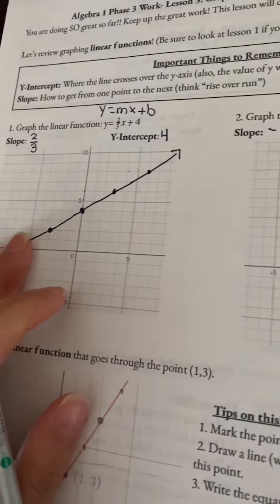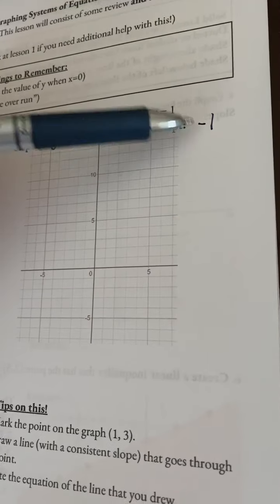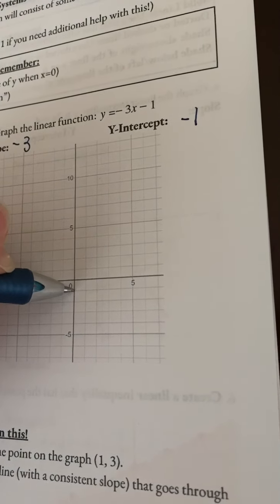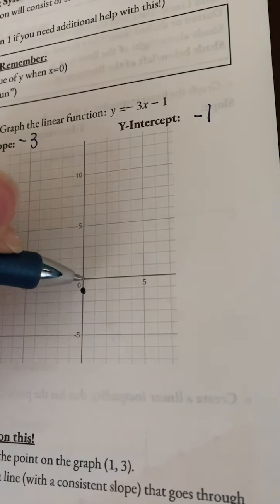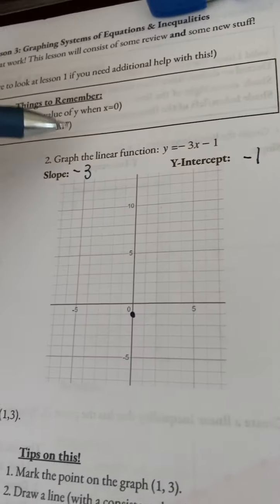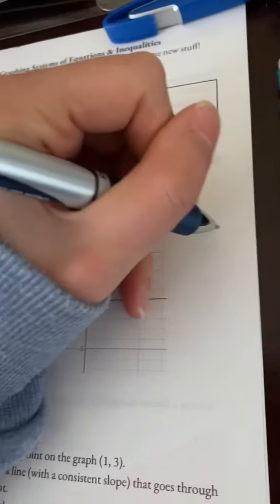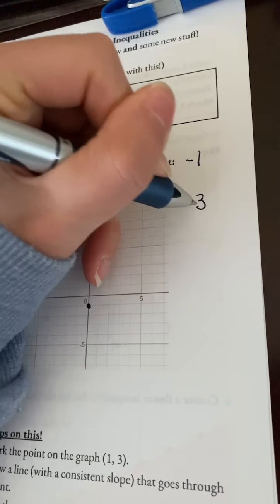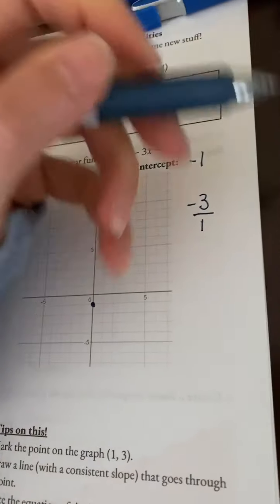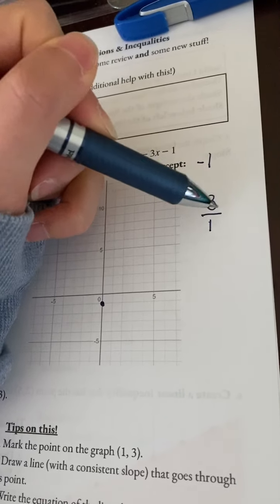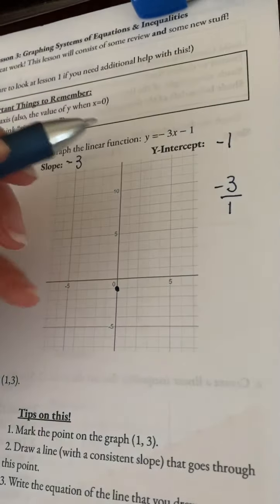Just like we did with example 1, we're going to start by plotting our y-intercept, which is negative 1. So on my y-axis, I'm looking for the point negative 1, which I know is going to be right below that 0. My slope here is negative 3. If I were to write negative 3 as a fraction, I would write negative 3 over 1, which tells me that from that point, I'm going to go down 3 because it's negative, and then to the right 1 because that's positive.